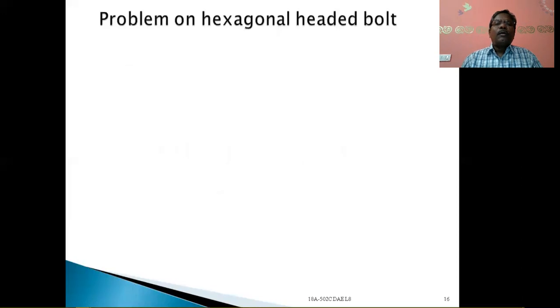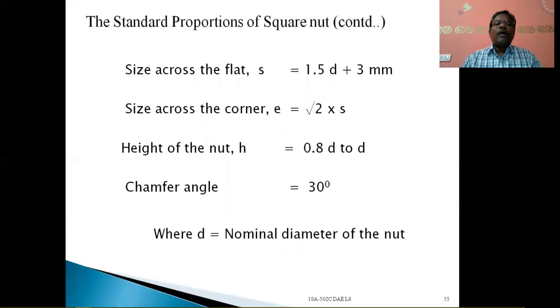So let us see. So far, we have discussed what a screw pair is, and also what the types of bolts and the types of nuts are.